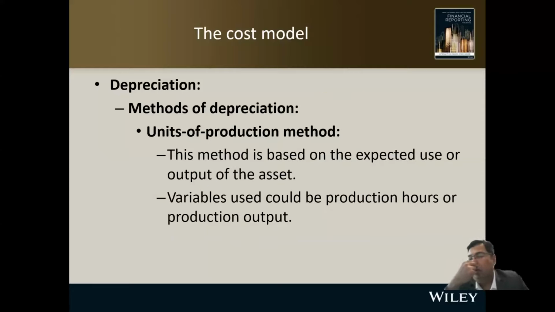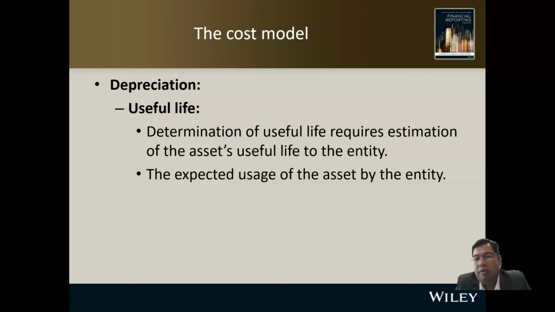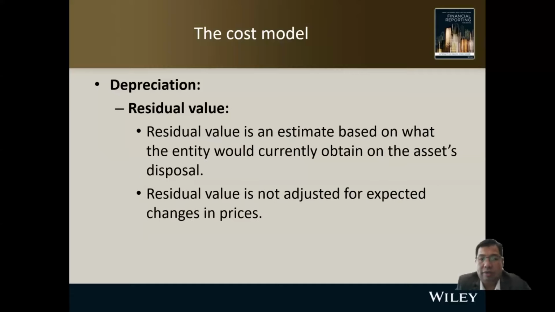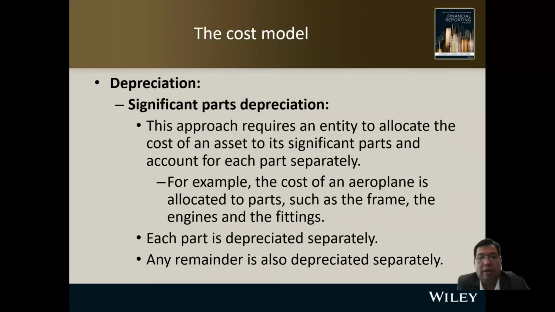We also have the unit of production method, based on the output, which we did discuss. And we also have useful life. How to determine useful life depends on the entity's estimation based on their experience, how long this asset can be used. Residual value is the value based on the entity's expectation of how much they are going to obtain when they dispose of the asset.